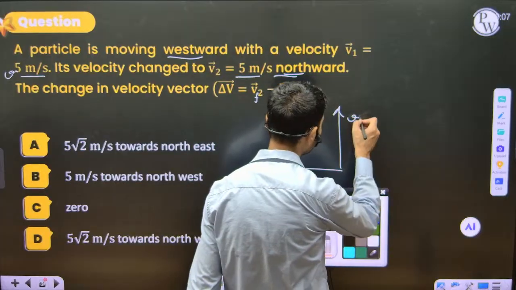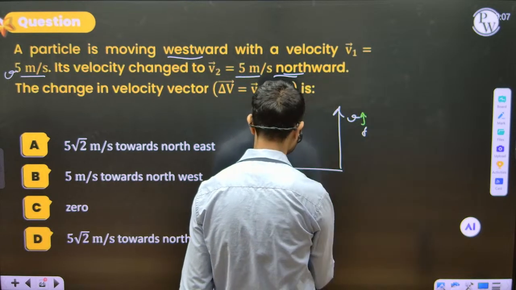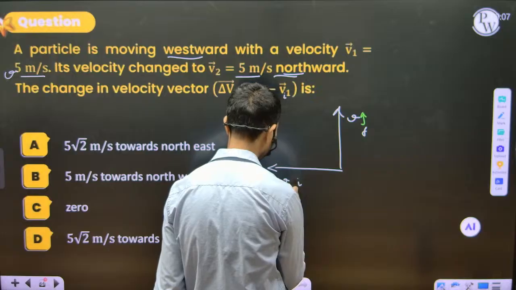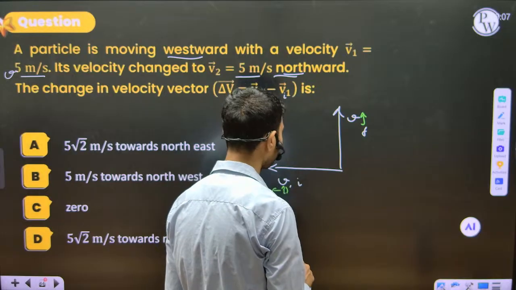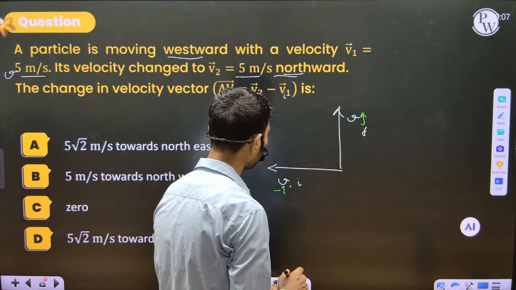Now this is related to j cap and this is related to minus i cap, right? Or fine, you don't want to write that, you can leave it like that only.